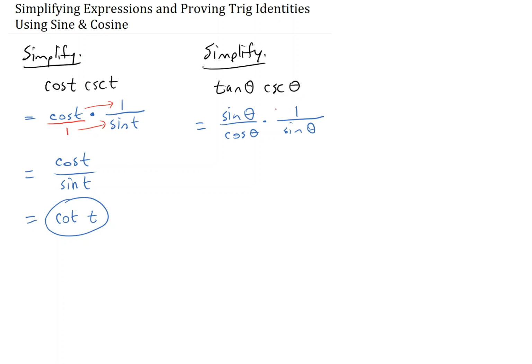And when I multiply straight across, I'll get a sine on top and a sine on bottom that cancels, leaving behind 1 over the cosine of theta. That's the reciprocal of cosine, which in other words is the same thing as the secant of theta. And that's as simple as that one gets.